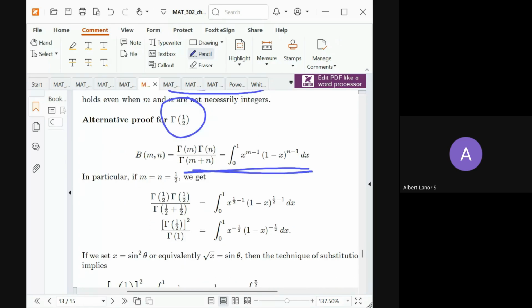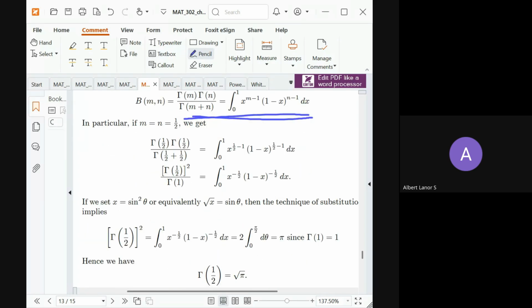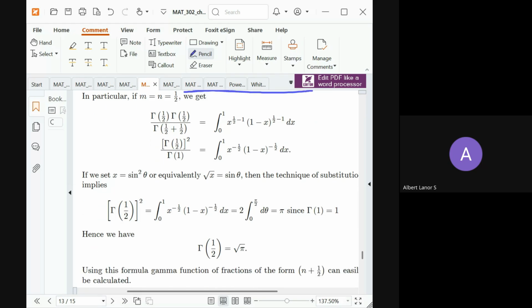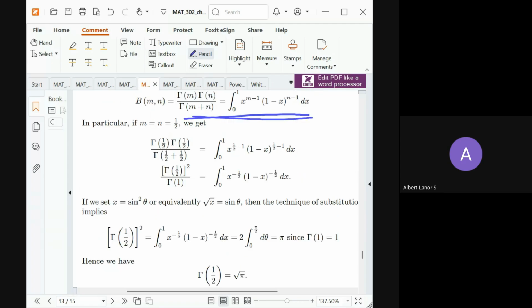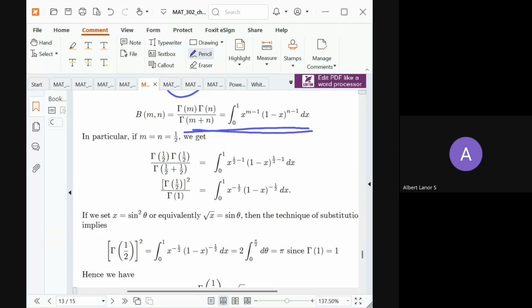Okay, so you go through it, and then you do the substitutions. So you square it. Basically, from here, when you do the half, you have gamma of half squared will be pi divided by gamma of 1. Gamma of 1 is 1.